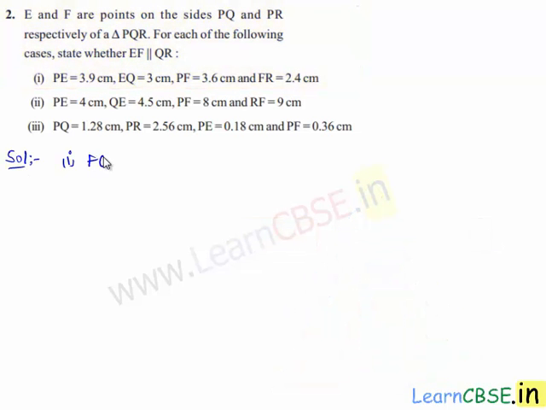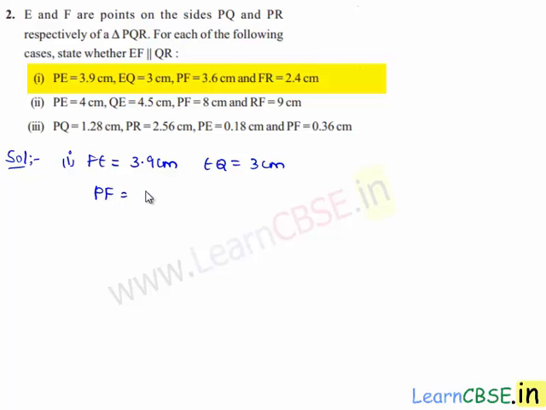Data is PE is equal to 3.9 centimeters, EQ is equal to 3 centimeters, PF is equal to 3.6 centimeters, and FR is equal to 2.4 centimeters.